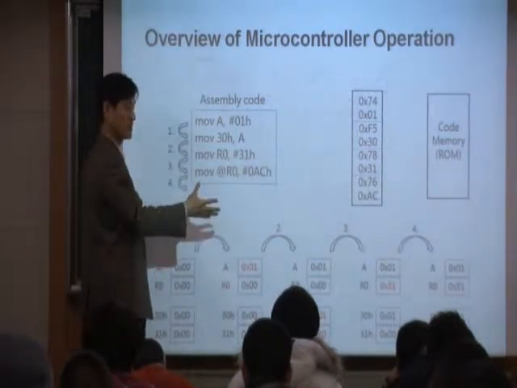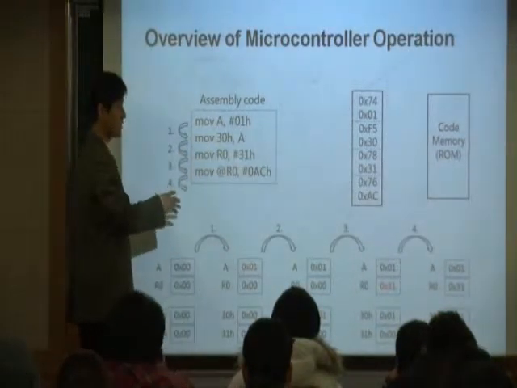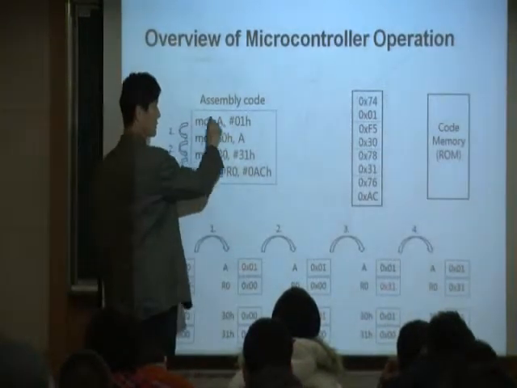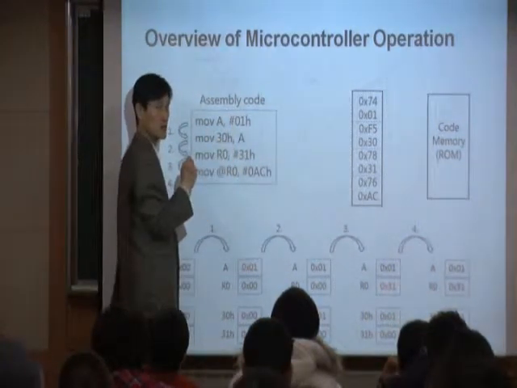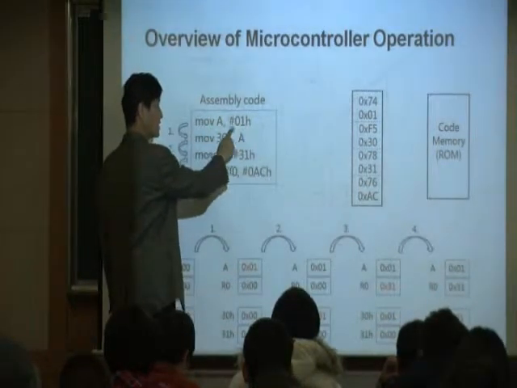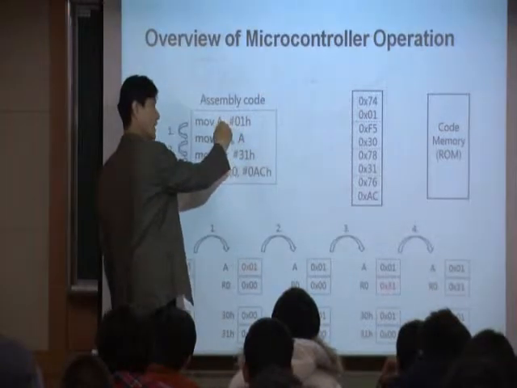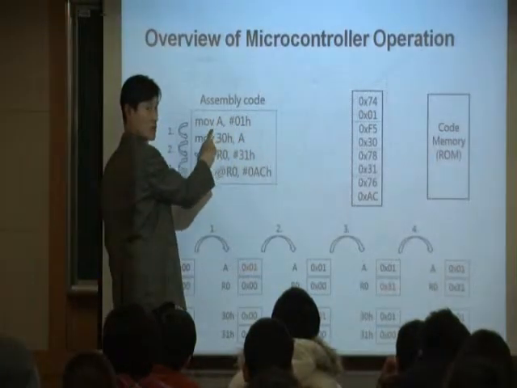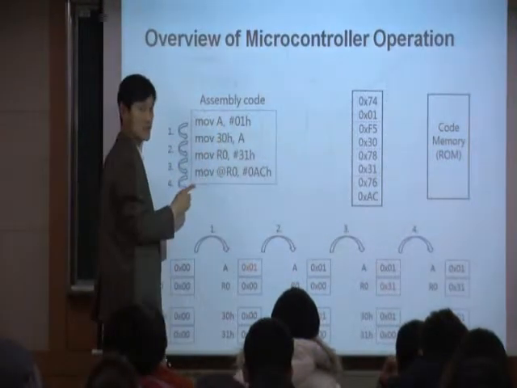Now, when you run this program, as I said in the previous slide, the microprocessor will fetch the first instruction and execute it. And what happens if you execute it? When you execute this, right? What this basically means is move 0, 1 into A. That's what they mean. What you have to remember is that destination comes first.